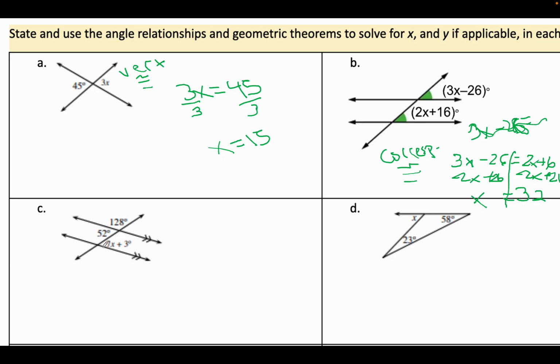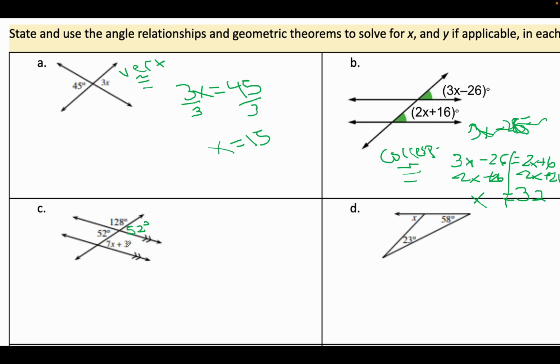C, we want to find x, and we're given two angles in this case. It doesn't really matter which one you use. I think 128 or 52 is a lot easier to use, because I know that this guy right here is also 52 degrees because they're vertical angles.